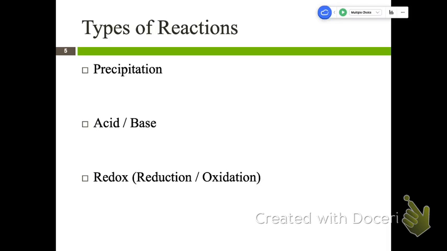OIL RIG: oxidation is loss, reduction is gain.